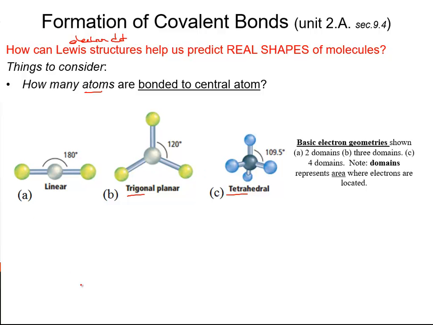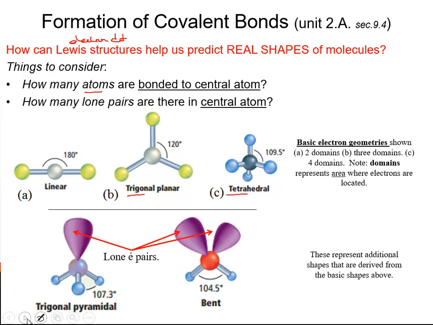Now, there's another factor in all this, right? How many lone pairs are on that center atom? Because what we're focused on is the bonded atoms' shapes, so that will be affected by the lone pairs. The lone pairs essentially act like bonded atoms in which they have electrons that push and repel against the electron clouds of other atoms.